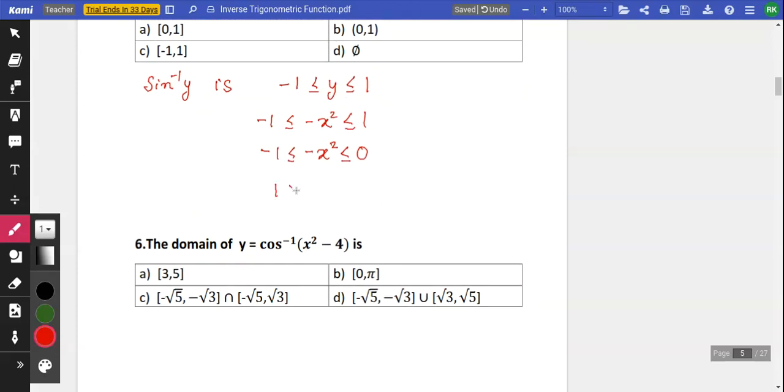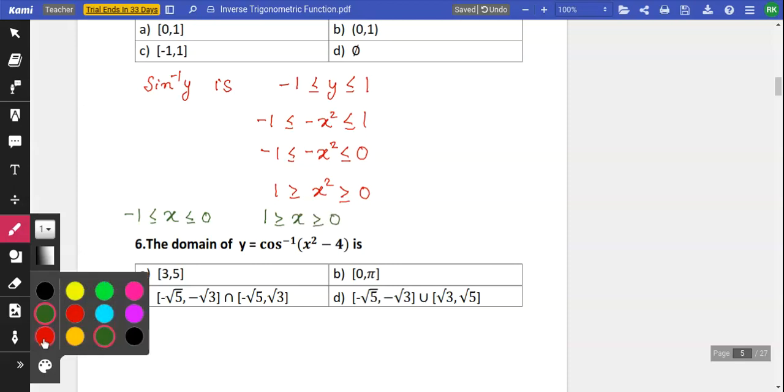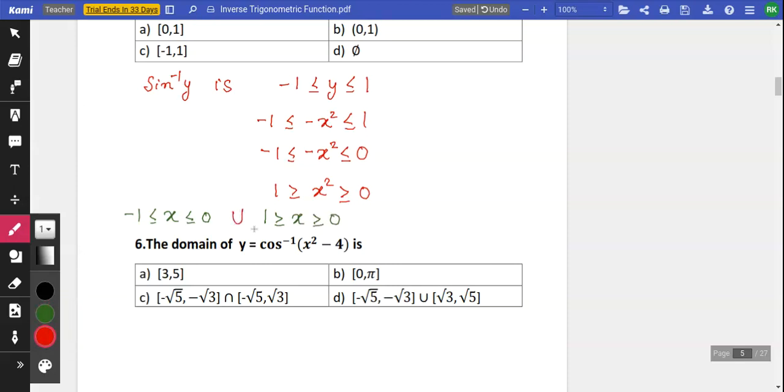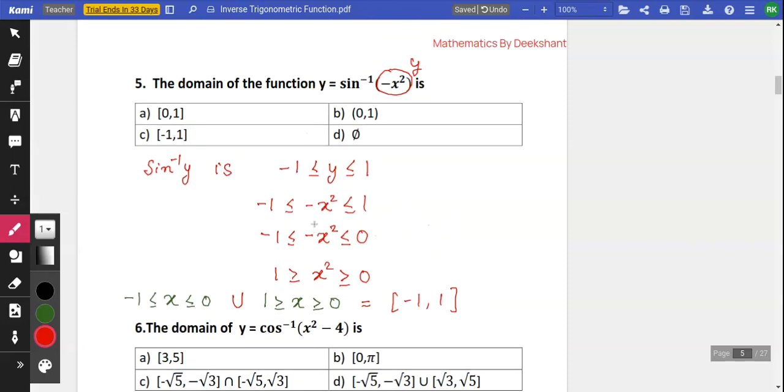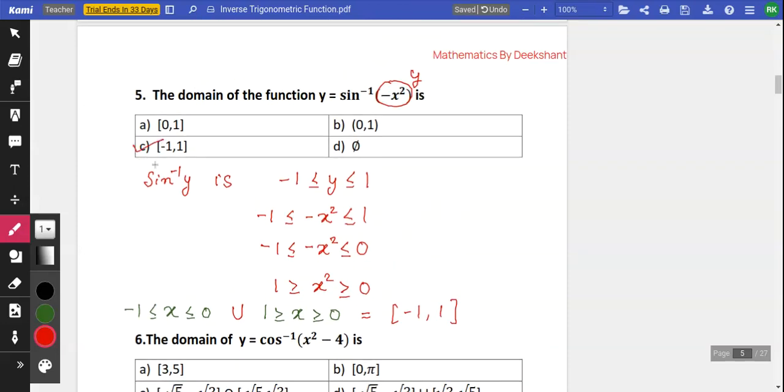After removing the minus sign, it becomes x square is greater than or equal to 0. In next step, take square root both sides. It becomes minus 1 less than or equal to x less than or equal to 0 and 1 is greater than or equal to x is greater than or equal to 0. Take union of both terms, it becomes minus 1 to 1. In this question the correct answer is C, minus 1 to 1.